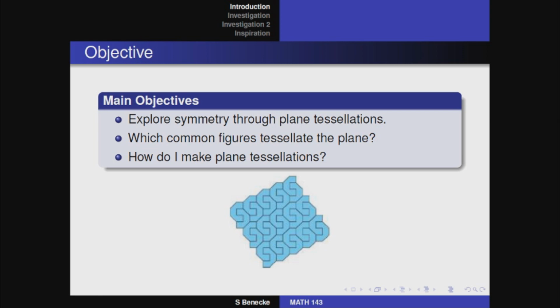But in order to get an idea of how this works, I'm going to start with basic shapes and see what kind of simple basic shapes can tessellate the plane. Why does it work? Why doesn't it work? And then later on, how do I make more interesting tessellations? What are some common methods that I can use?